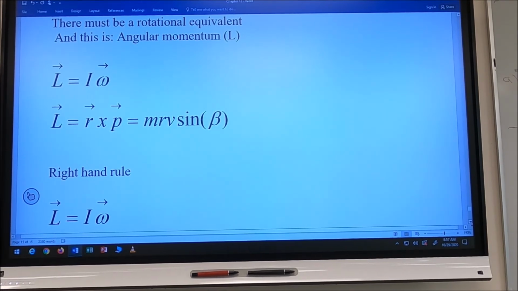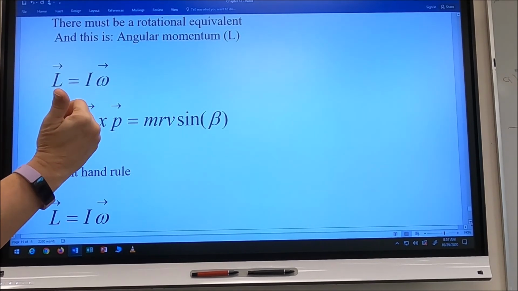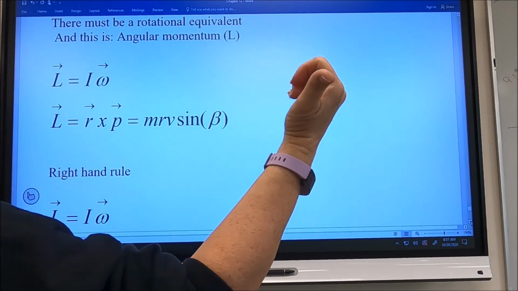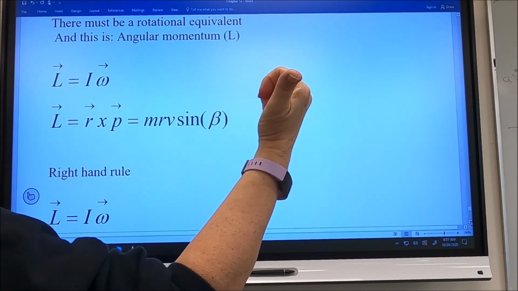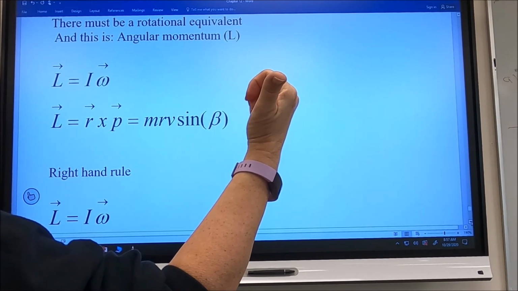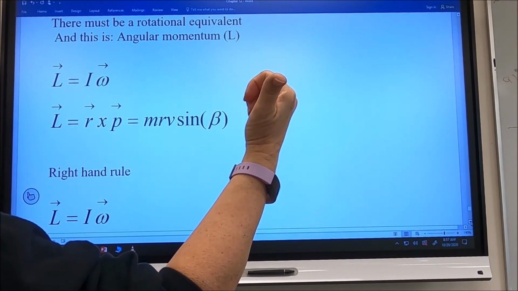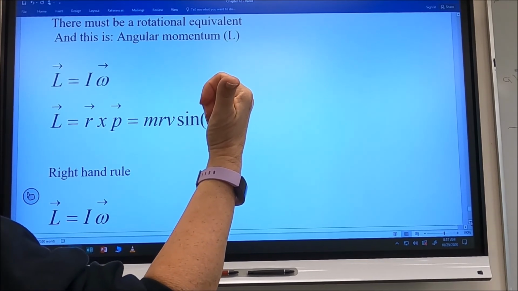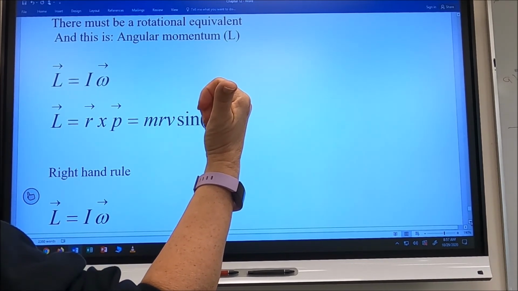And we use the right hand rule. If you wrap your fingers of your right hand in the direction of the angular velocity, your thumb is going to point in the direction of the angular momentum.